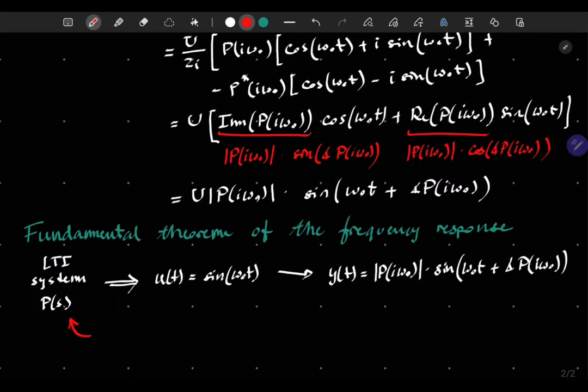This property allows us to identify experimentally the Fourier transform of the system, which is sometimes also called the harmonic response or frequency response, as we've seen, of the system, by applying sinusoids to it and measuring the outputs.